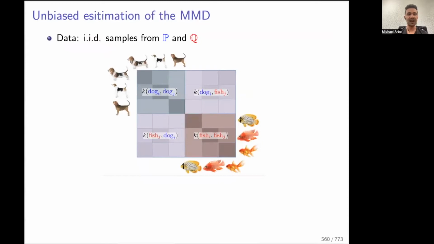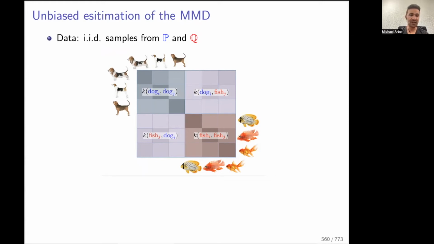So now that we have defined this way of measuring similarity between probabilities, we might be interested in estimating it just using samples. If you remember the expression of the MMD, which involves only expectations under the kernel, we can replace these expectations by empirical averages.